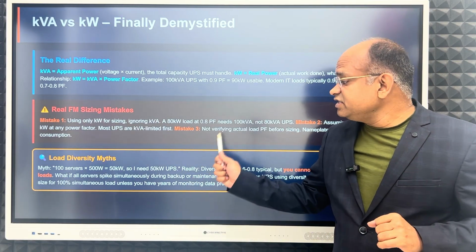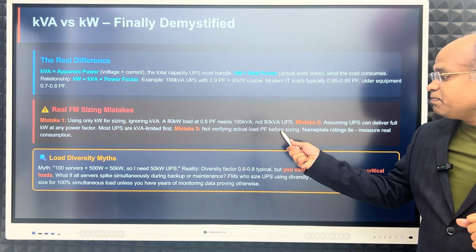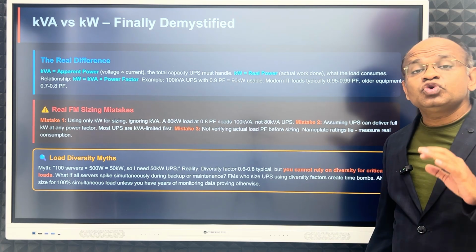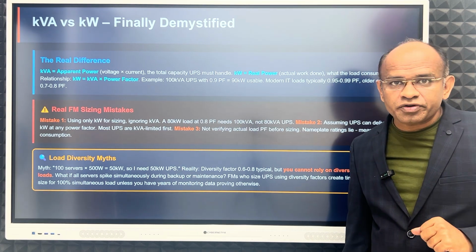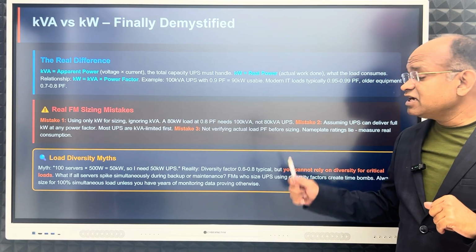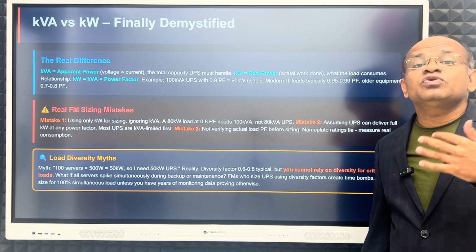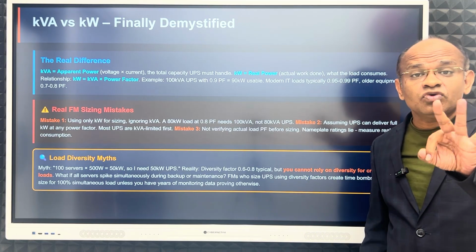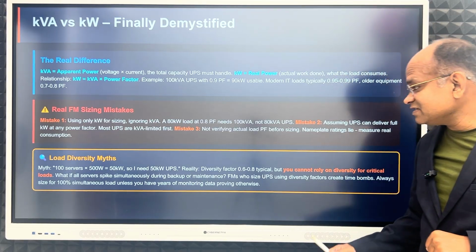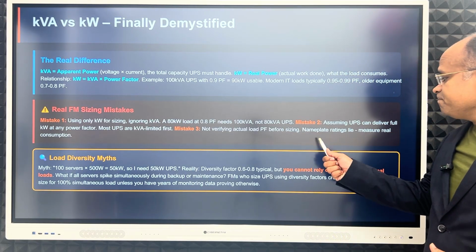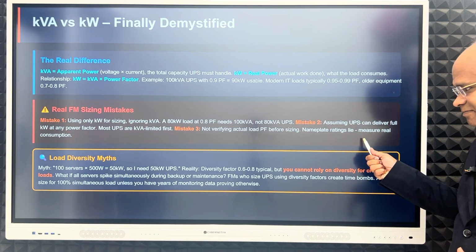Now mistake 3: not verifying the actual power factor before sizing. You should know your load. What is your load? What is its power factor? Is it inductive, capacitive, resistive? There are three kinds of loads: inductive, resistive, capacitive. You should know its power factor. Nameplate ratings lie.